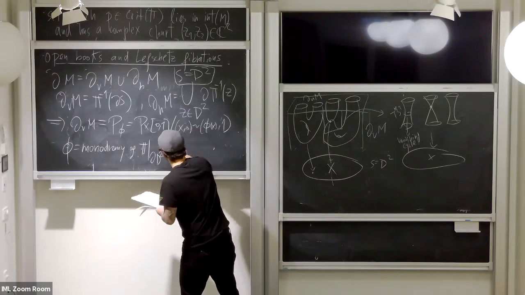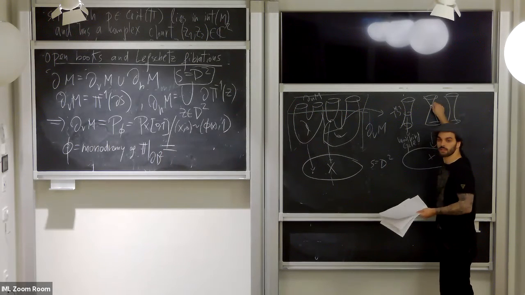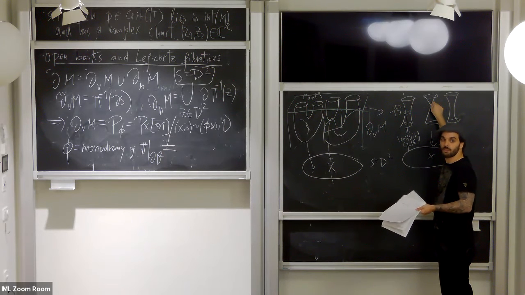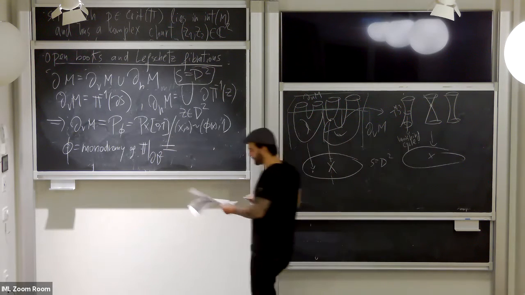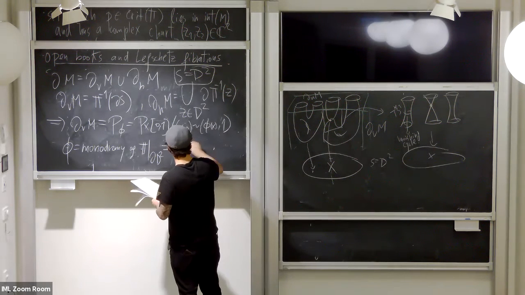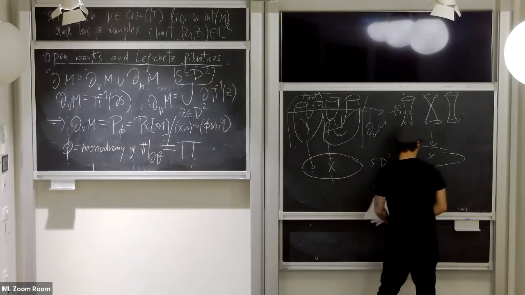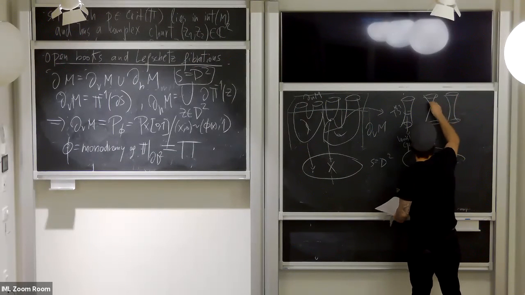And as it turns out, because you have a local model and everything is complex, the monodromy cannot really be anything, but it has to be necessarily a product of positive Dehn twists around the vanishing cycles. So this has to be by looking at what happens in a local model. On the local model, you can check that the monodromy is the Dehn twist around this guy.